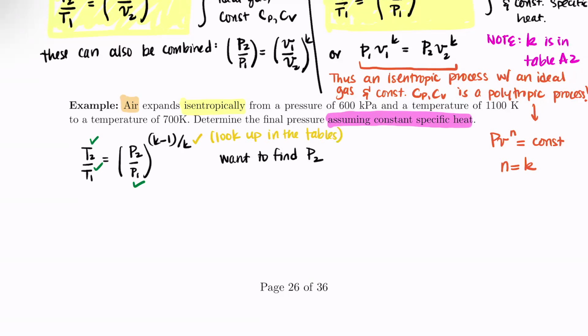So for K, we're going to use the value at T average. This is just T1 plus T2 divided by 2, which in this case is 1100 plus 700 divided by 2. So we're going to use 900 Kelvin.